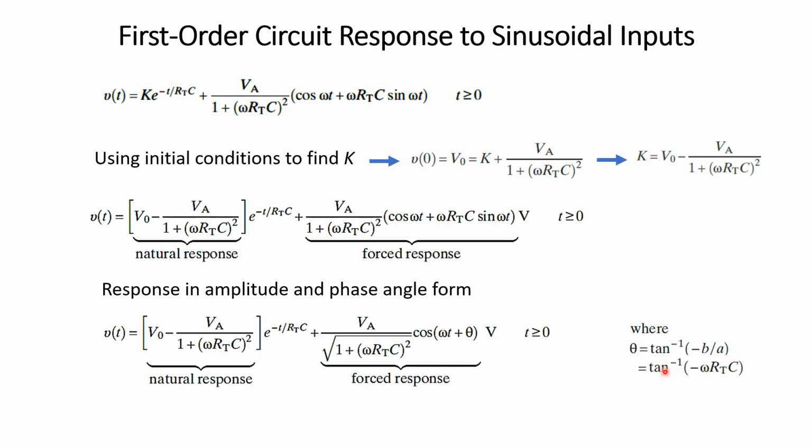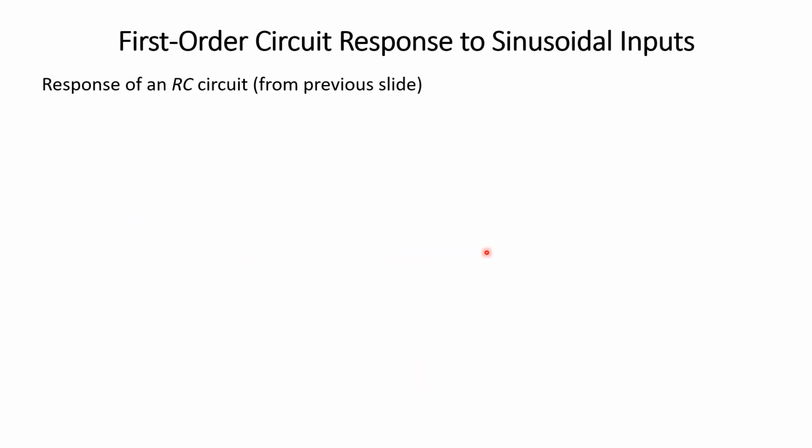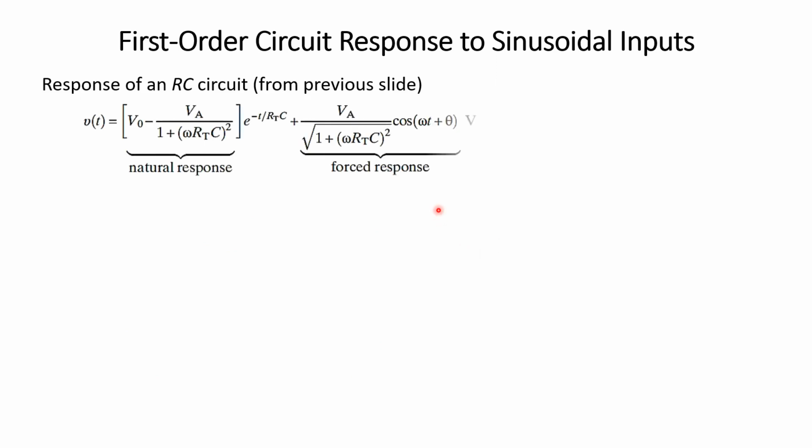So our b is omega RC, and a is 1 in here. So this is the first order response of the circuit to sinusoidal input. We have this from the previous slide. This is the complete response.